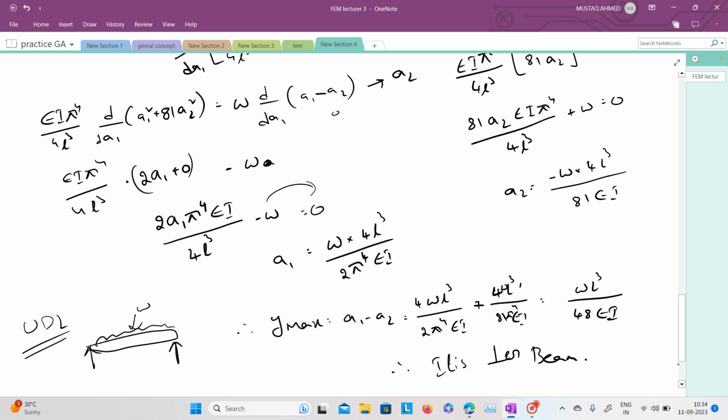Don't substitute x equals L by 2 in this equation; instead, substitute x equal to the whole term L. That's it. This equation also will be solved. In this way, you can solve the Rayleigh-Ritz method. Thank you.